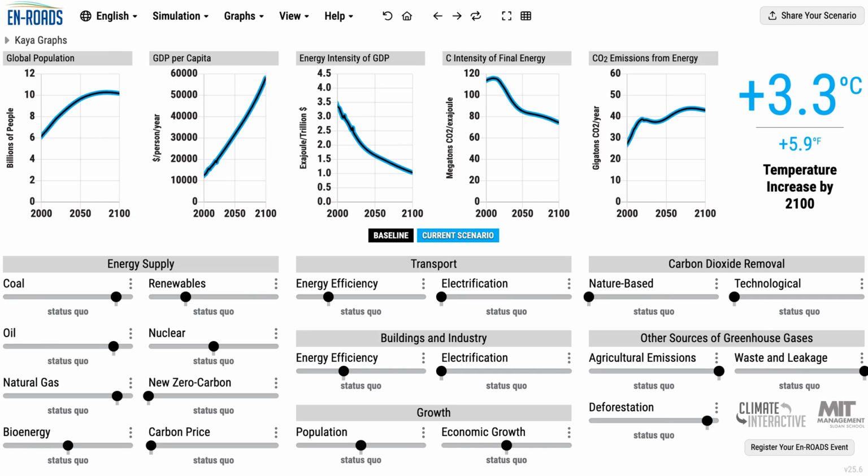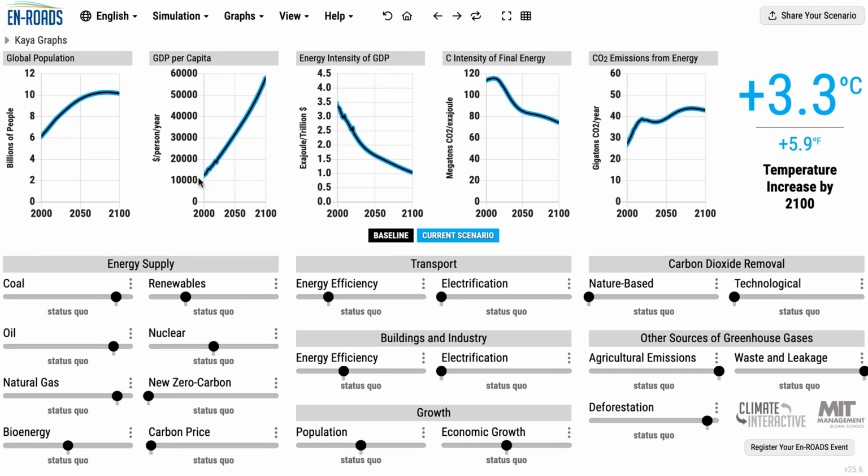This is overall consumption and growth around the world, more goods and services. It's measured in dollars per person per year, growing at about 2.5% a year in the near term, slowing down to 1.5% a year. Multiply those two factors together, population, GDP per capita, you get overall GDP.